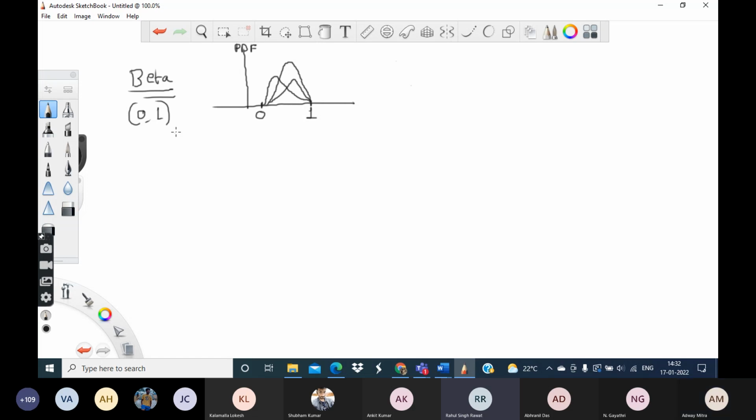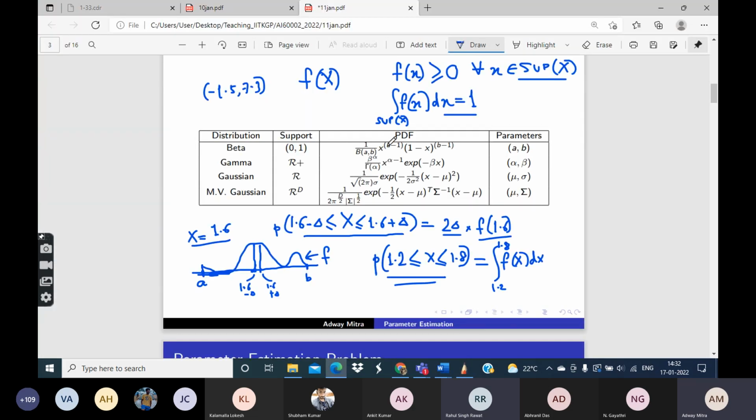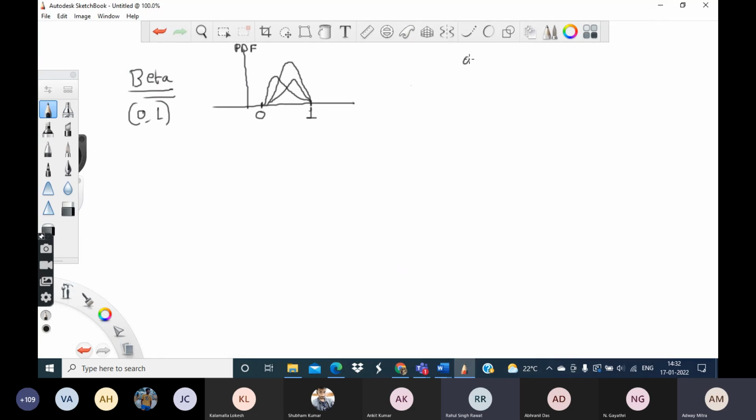Now let us see what exactly is the PDF in this case. The PDF of the beta distribution is given as something like this. There are two parameters, a and b, both of which are positive integers.